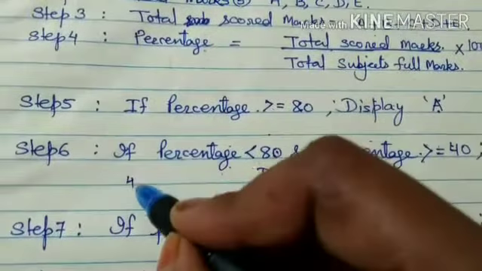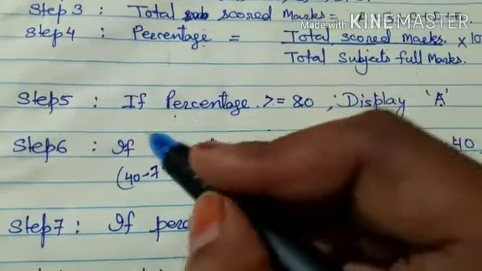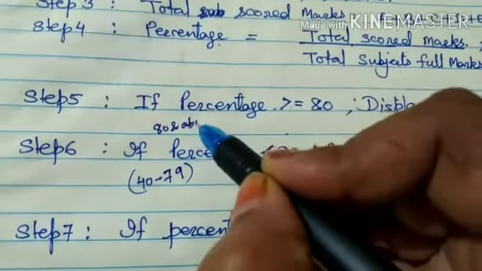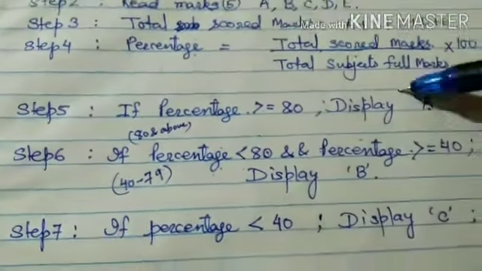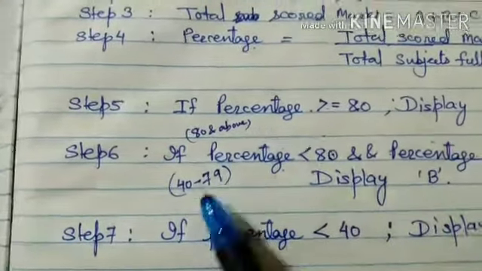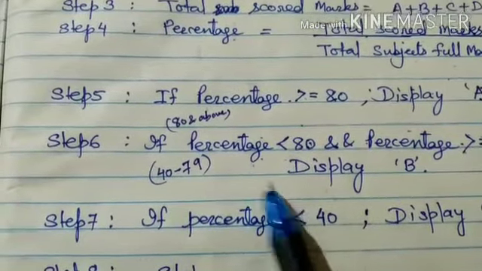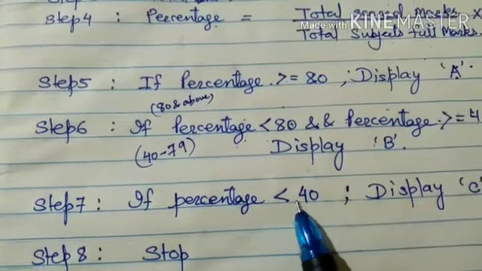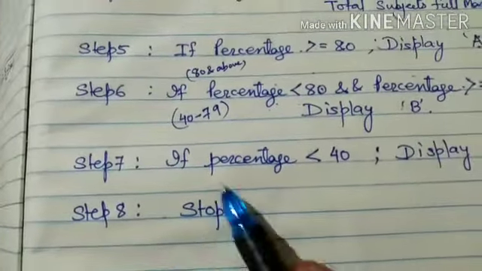So you have to understand that 40 to 79 is the range, and 80 and above is the other. If anybody is scoring 80 and above, then it will display A. If 40 to 79 marks anybody has scored, it should display B. And if percentage is less than 40, then it should display C. And after that, the algorithm will stop.